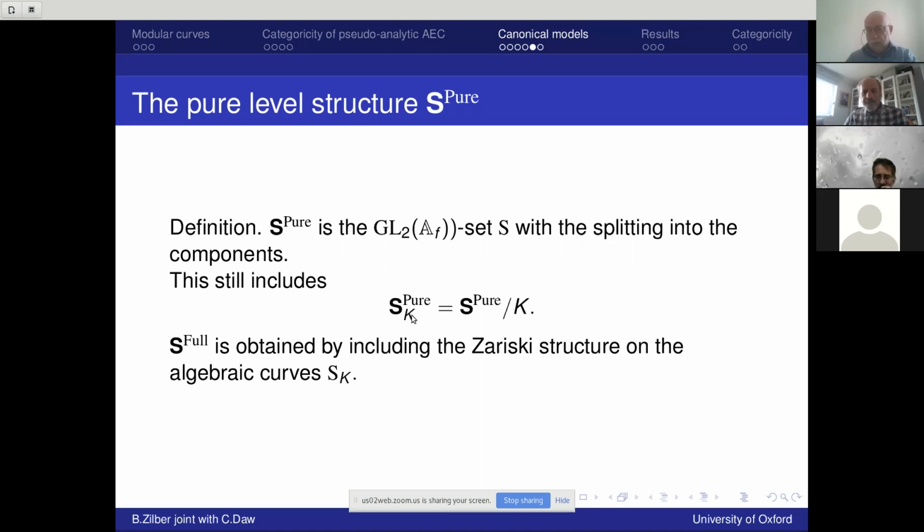In contrast with this pure structure, I also use the terminology that there is a full structure here, which would include all this Zariski structure: the polynomial relations, whatever they are, and the rational functions defined on these algebraic curves, they all would be part of this structure. And the structure of the field, of course, would be visible here.